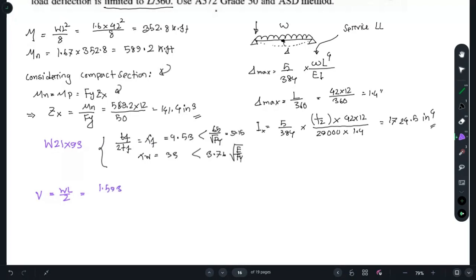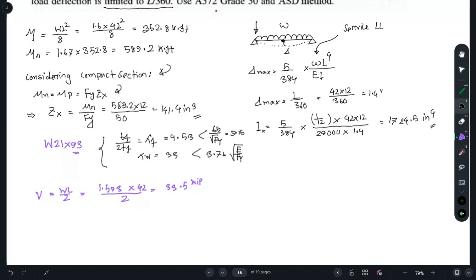Because 1 was for live load, 0.5 was for dead load, and for the section we have a self weight of 93 pounds per foot. If you divide it by 1000, you will get 0.093. We just added that, and you have a length of 42. So you multiply it by 42 and divide it by 2, and you will get a shear of 33.5 k.